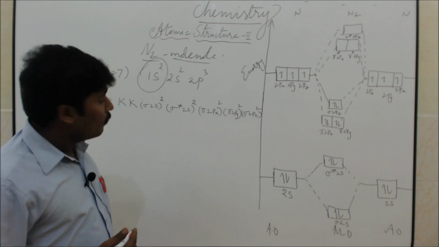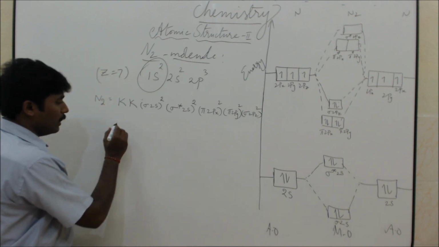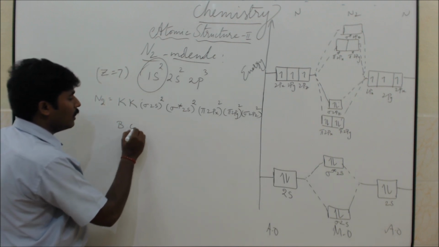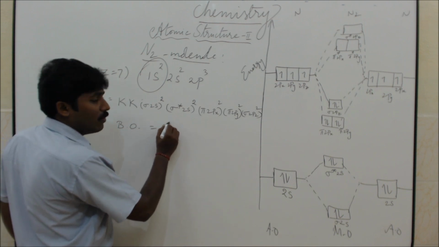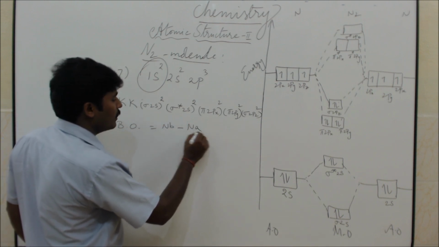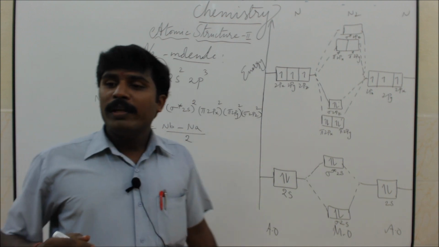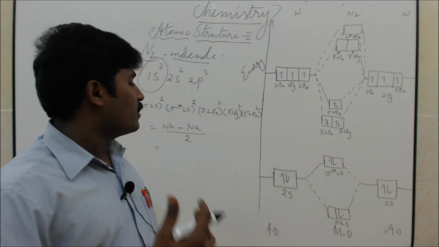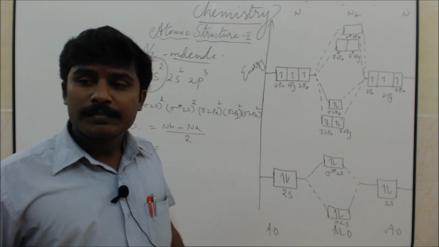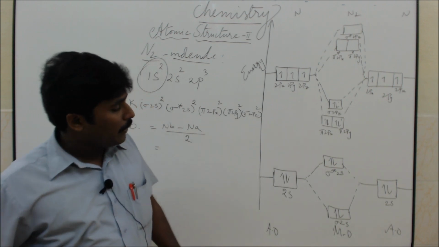Now we are going to calculate the bond order. You know the formula for bond order? Bond order is equal to (NB minus NA) by 2. Count and tell me how many electrons are present in the bonding molecular orbitals. Just count and tell me.